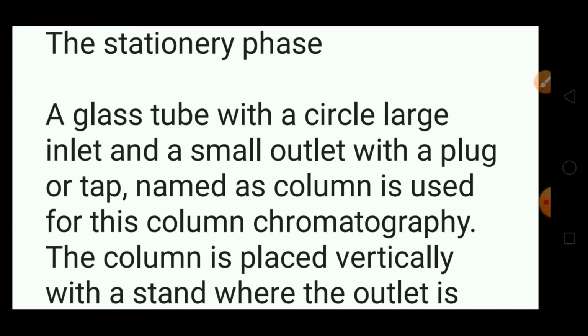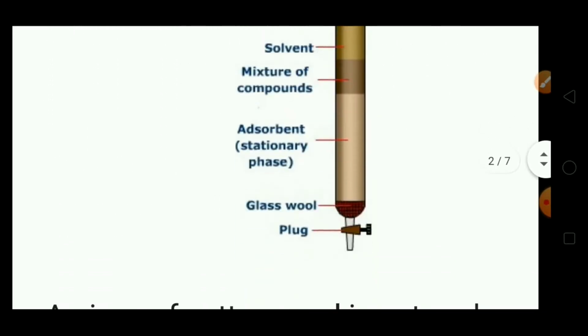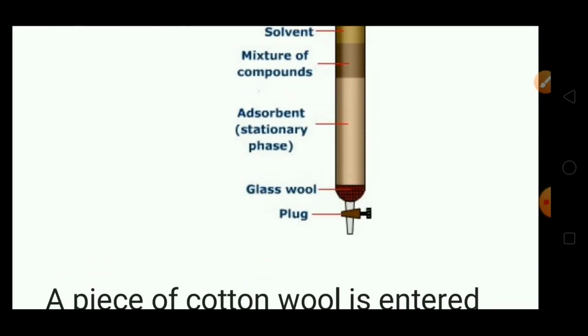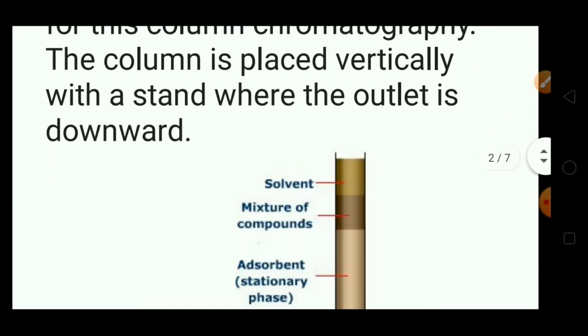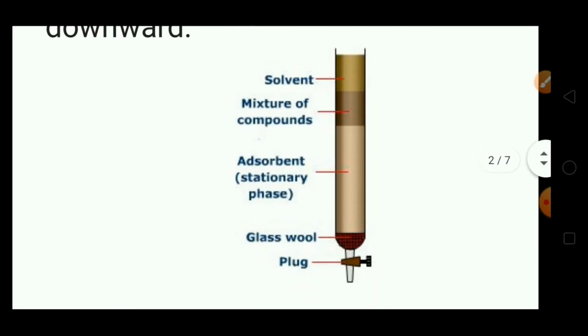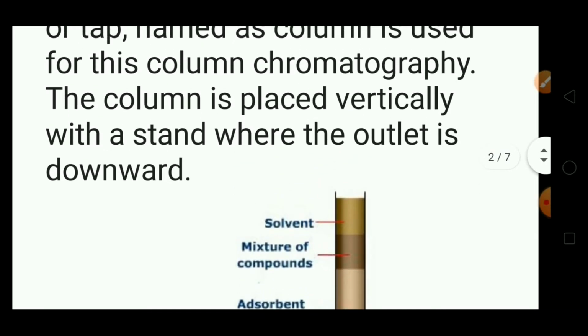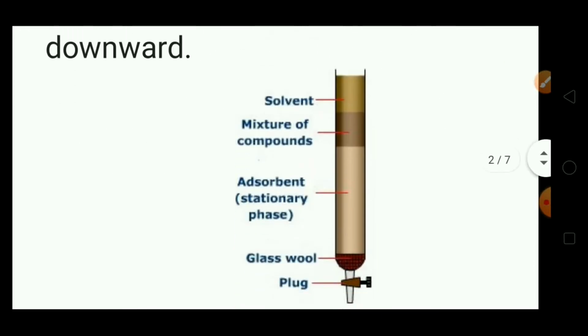You can see the bottom part of this diagram, named as the column, which is used for column chromatography. This column is placed vertically with a stand, where the outlet is downward.